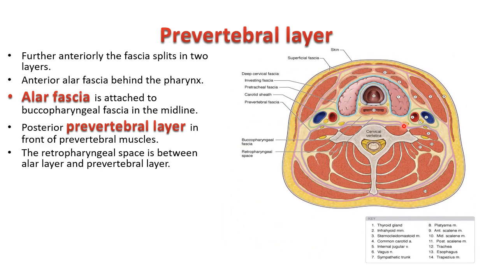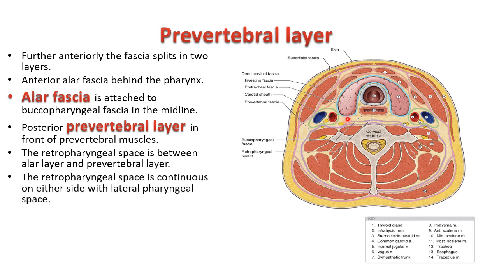So here you are able to see the prevertebral fascia splits into two layers. In front is the alar fascia, and that is the thick prevertebral fascia. So this is your retropharyngeal space, which is present immediately behind the pharynx. And the retropharyngeal space will communicate laterally with the lateral pharyngeal space on either side.